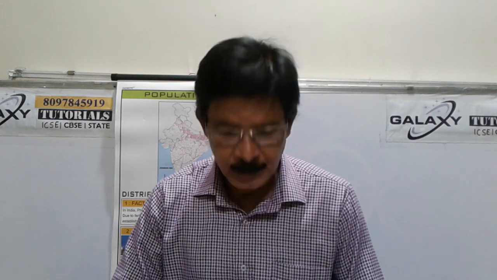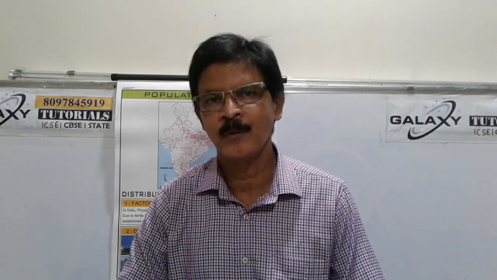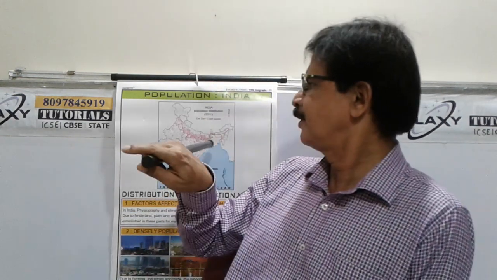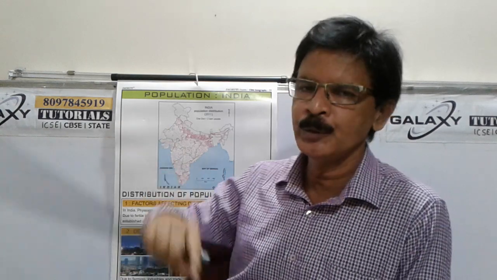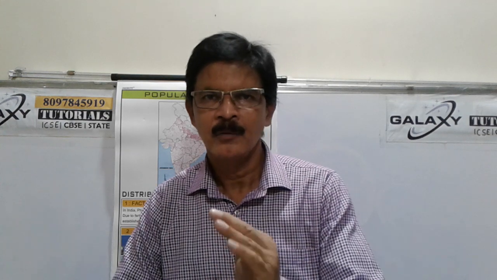Okay? The average population density of India, average meaning somewhere it is high, somewhere it is low, is 382 persons per square kilometer. That means on an average 382 people stay in 1 square kilometer of India. When you compare with certain countries, Canada has just 4. Yes, my dear students, it's just 4.